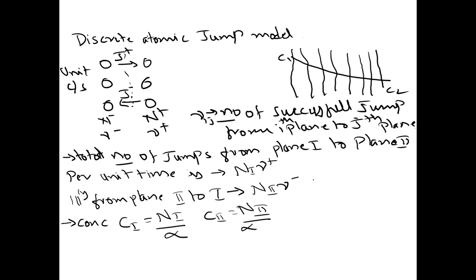C is, we know, the moles per volume. Since we are considering unit thickness, T equals 1, then the volume is given as 1 into alpha. That means alpha. So that's why C1 and C2 are n1 and n2 divided by alpha.